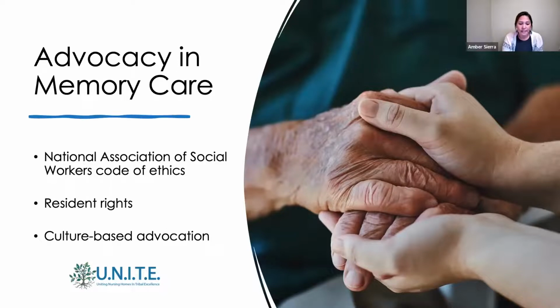Some of those rights include having dignity and respect, the right to be treated with dignity and respect, the right to safe, clean, and comfortable surroundings, the right to own clothing and personal items, the right to receive visitors within any reasonable time frame, the right to select their own social, religious, and community activities. Those are just to name a few.